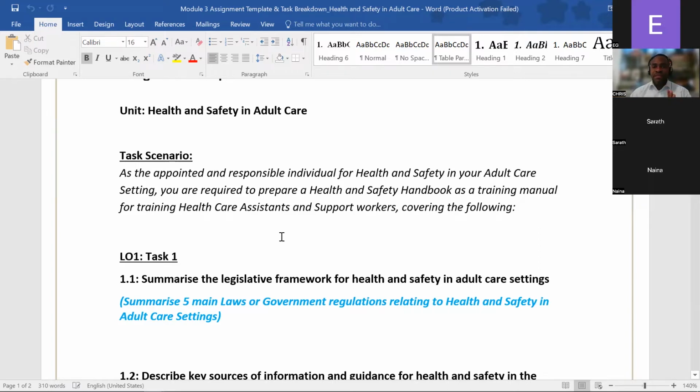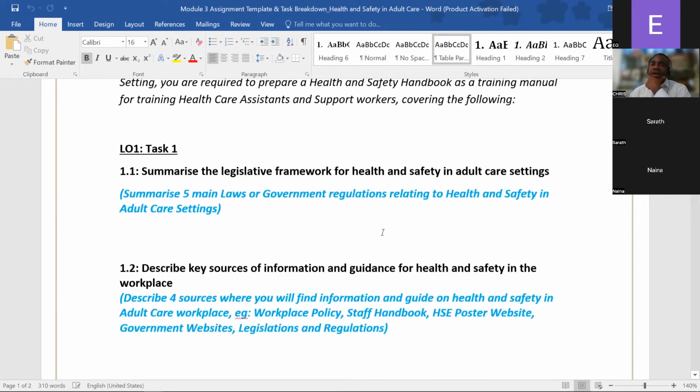So as the appointed and responsible individual for health and safety in your adult setting, you are required to prepare a health and safety handbook as a training manual for training health care assistants and support workers. That is the scenario. And the manual that you prepare should cover the following.